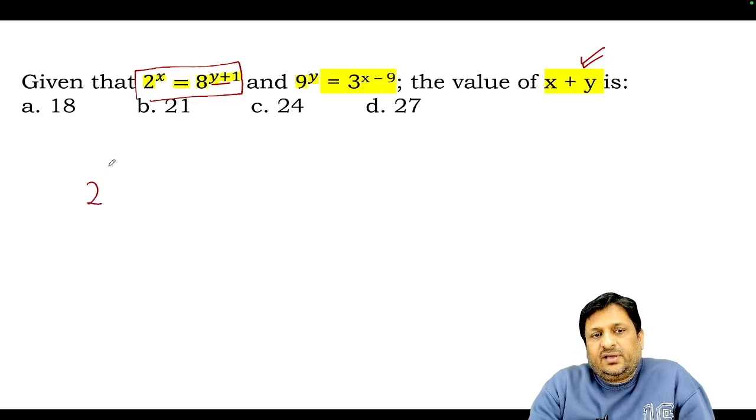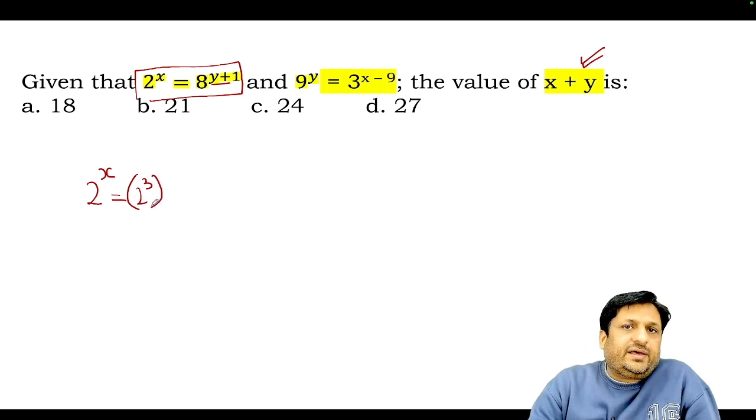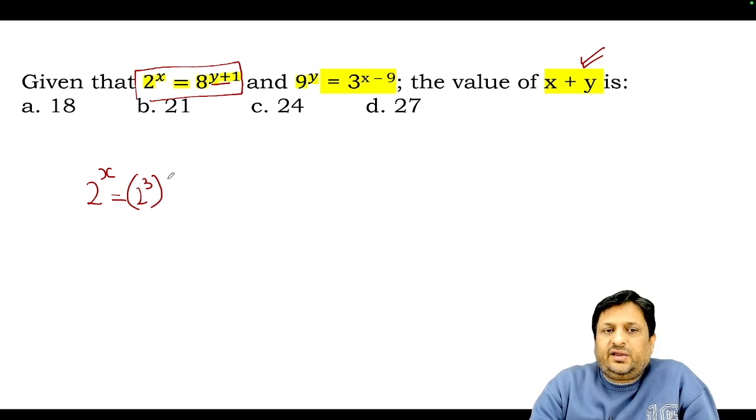So here LHS is 2 raised to the power x. So I will try to convert RHS, and 8 is, I know, 2 raised to the power 3. So here 8 raised to the power y plus 1. If I convert 8 as 2 raised to the power 3, naturally I will have to apply a bracket here because this complete is 8 and the power of 8 was y plus 1.